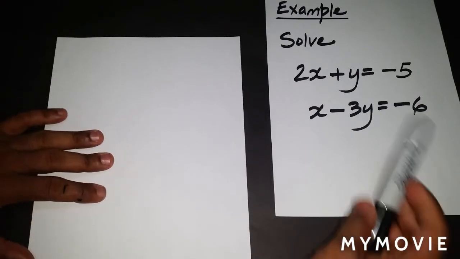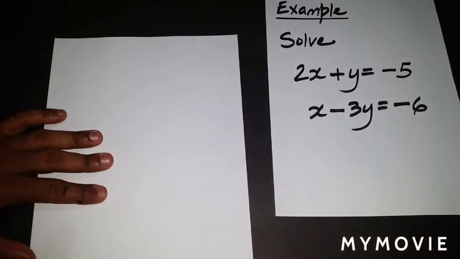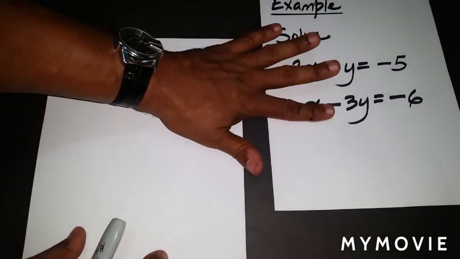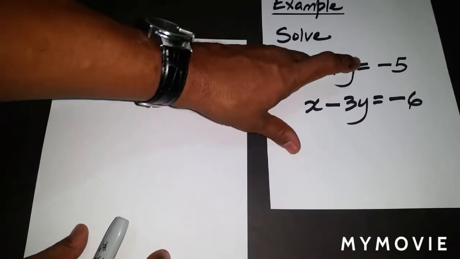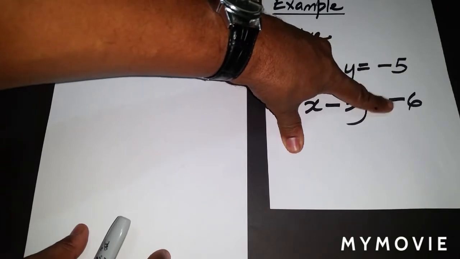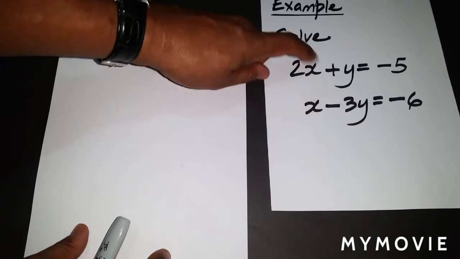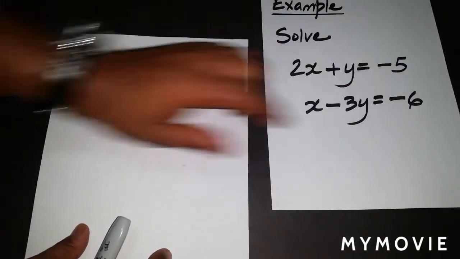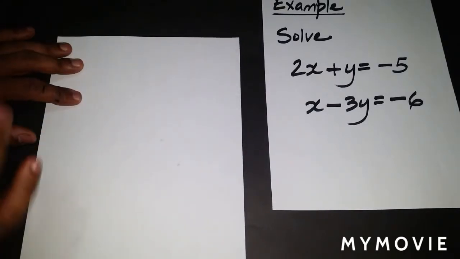If you look closely at both equations, they are already organized in a way that, in both equations, I'm going to call this equation 1, equation 2, the x appears first, then the y, and then on the right hand side we just have numbers. So the equations are so organized that x's are lined up, y's are lined up, and numbers alone are lined up. If they are not lined up, you would have to organize it.